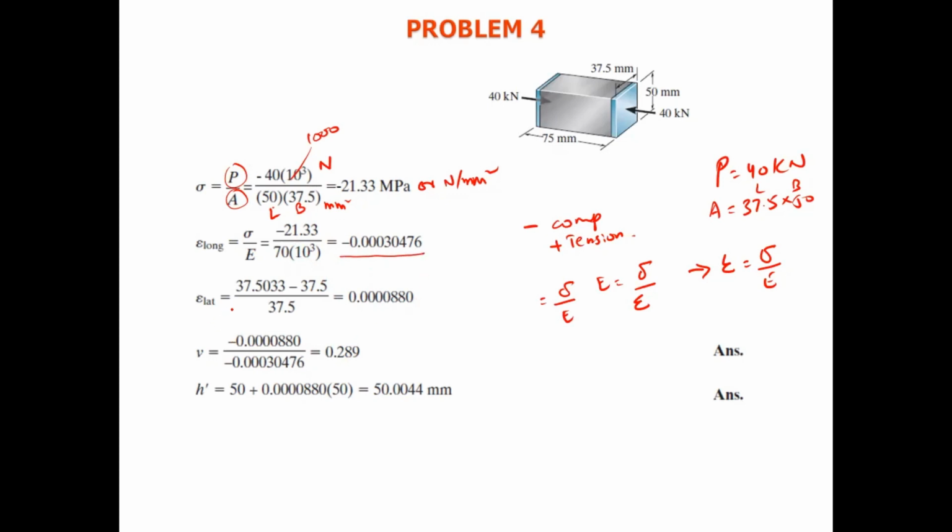Now we have to determine lateral strain. Lateral strain is in the smaller direction, or in the direction of radius. But this is not a circular body; it's a rectangular body. So we have to put the strain formula. 37.5 is the initial length, and 37.50 is the final length.